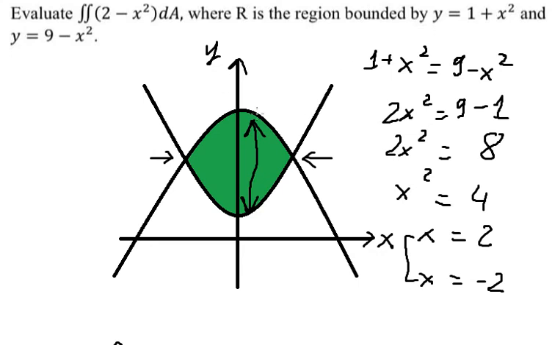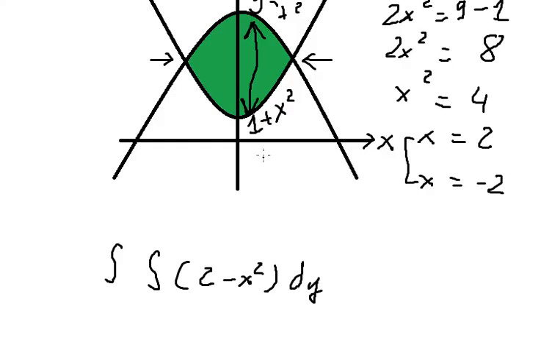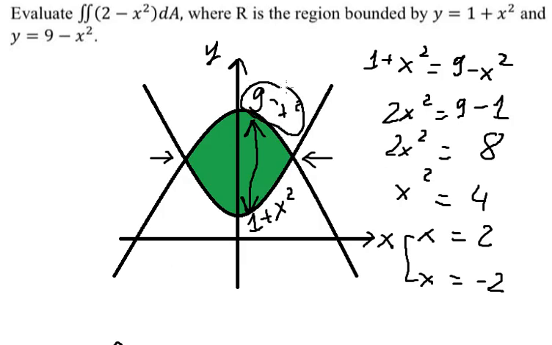So we look carefully at the graph, we see that y is between 1 plus x squared and 9 minus x squared. This one is 9 minus x squared. This one is 1 plus x squared. So this is the bottom. This one is the top.